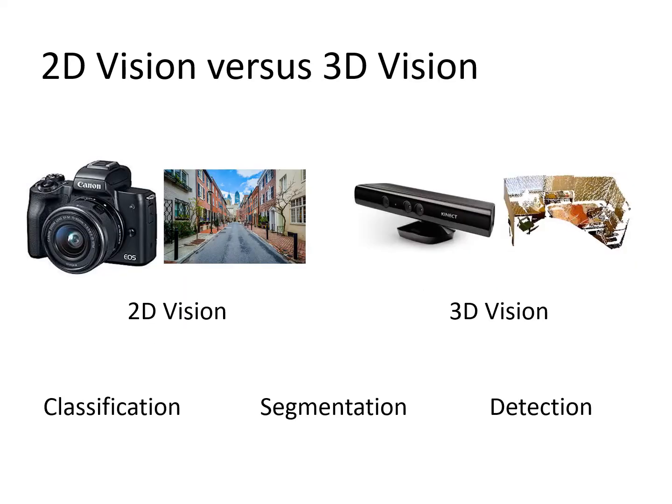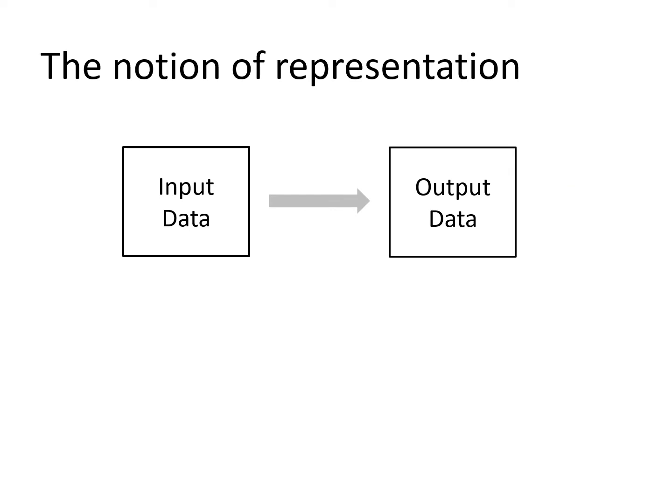It is, though, interesting to compare 3D vision and 2D vision. In fact, both fields study almost the same set of problems, such as classification, segmentation, and detection. One way to differentiate them is to look at how data is represented.